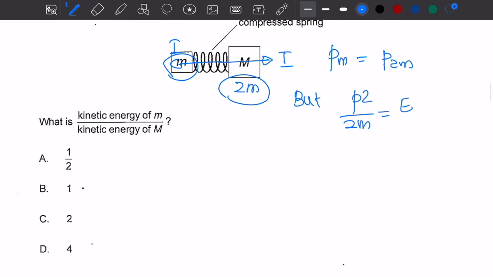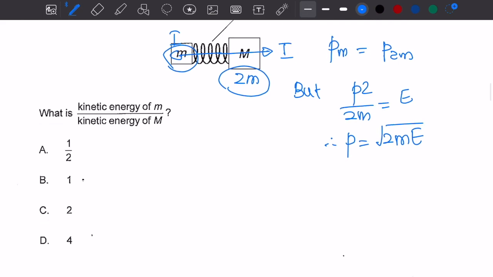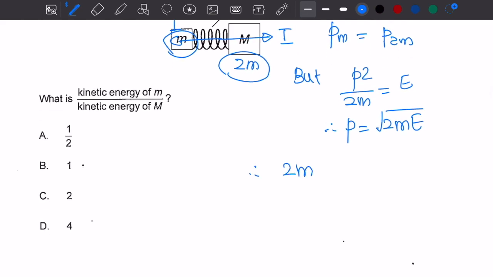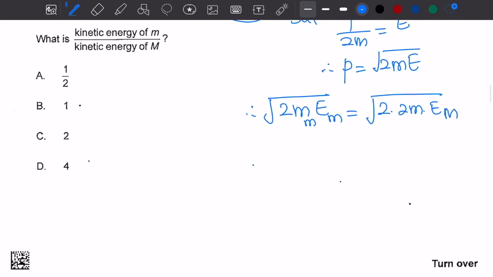So instead, I can write p equals the square root of 2mE. So the square root of 2 times m times the energy of small m equals the square root of 2 times 2m times the kinetic energy of bigger m, right? So the kinetic energy of small m to kinetic energy of bigger m is, if you look at this carefully, 2 to 1, or simply 2. Answer is C.